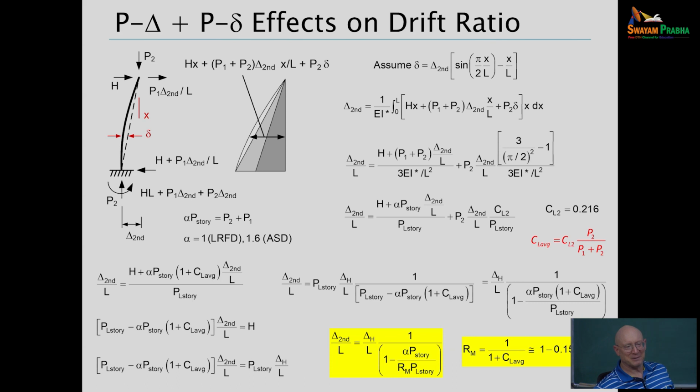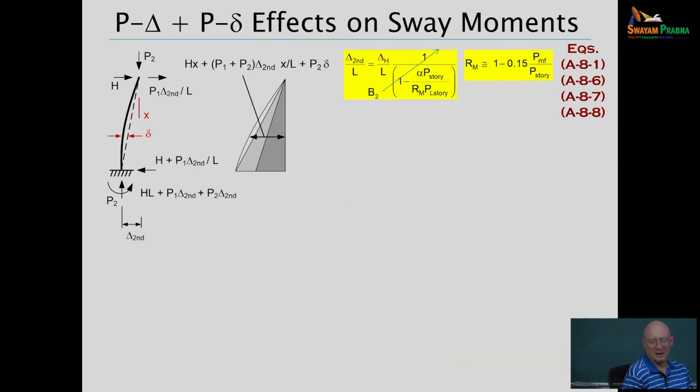That's a large delta. But you're getting bending in the columns. You've got some small delta effects that are influencing your drift. So that's the final form that we end up with in Appendix 8 of the AISC standard. And this term that I'm writing here as 1 over 1 minus alpha P story divided by RM PL story, that's basically what AISC refers to as B2, the side sway amplifier.